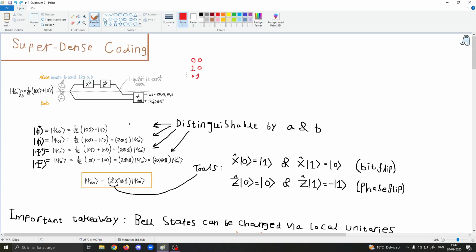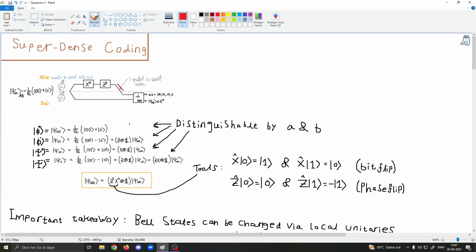Once she's performed that unitary on just her qubit, she transfers her qubit somehow to Bob. A realistic way of thinking about this is that it's light being sent through very high quality optical fiber. But again, for the sake of the thought experiment, let's say that Bob receives her transformed qubit in a very well preserved manner.